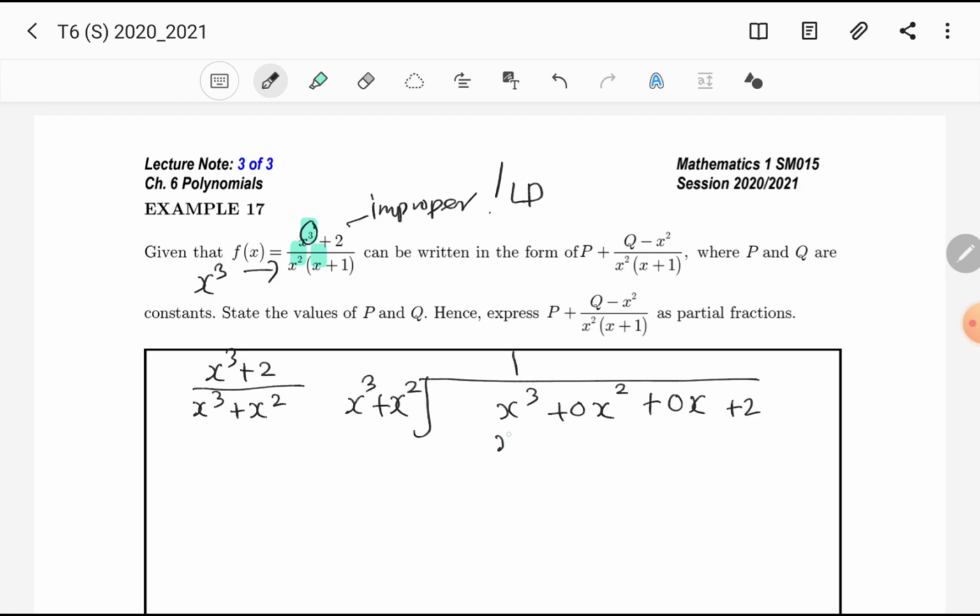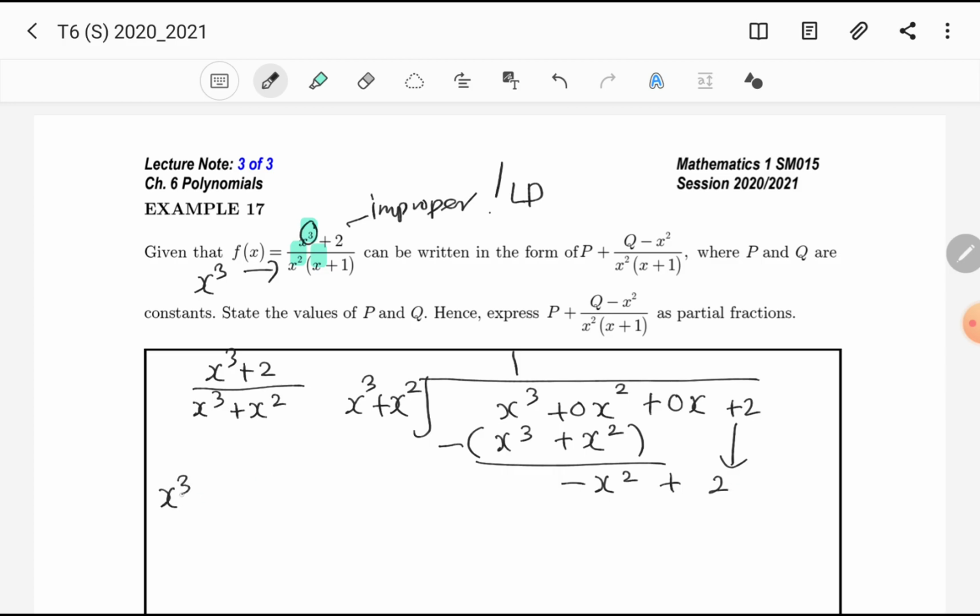So, 1 x cubed plus x squared, we subtract. So, we will get negative x squared and then plus, ni bring down, 2 plus 2. Okay.